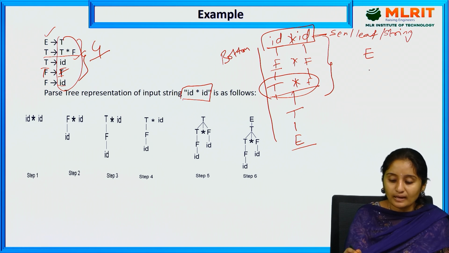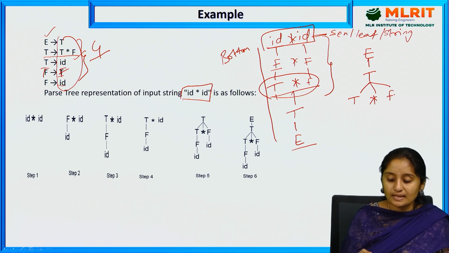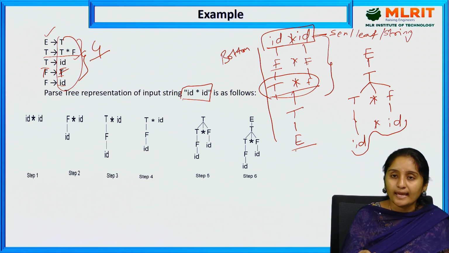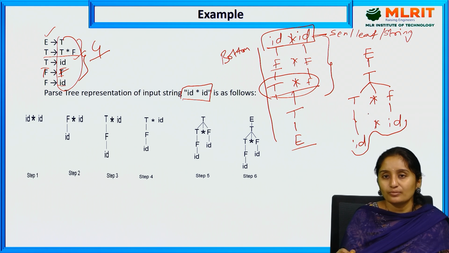We can also say E tends to T, T can be replaced with T star F, then F tends to ID, next T tends to ID. See here, ID star ID. If I take this bottom-up parser in reverse manner, I am going to apply the rightmost derivation over here.